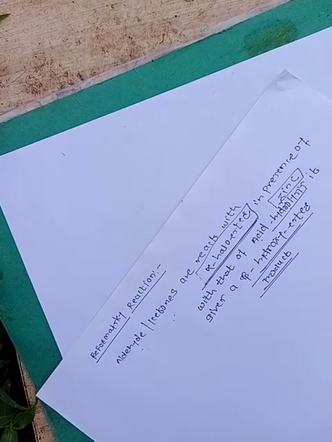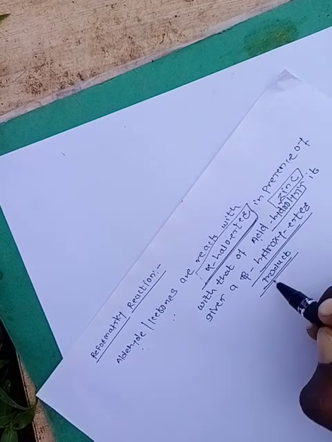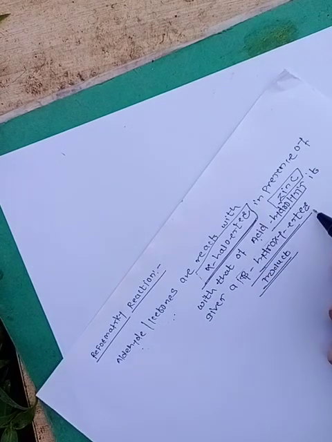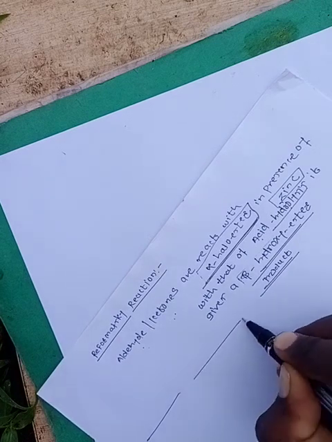The reaction is continued with acid hydrolysis, and finally we get a beta hydroxy ester, which is our Reformatsky reaction product. Okay, this is our Reformatsky definition.